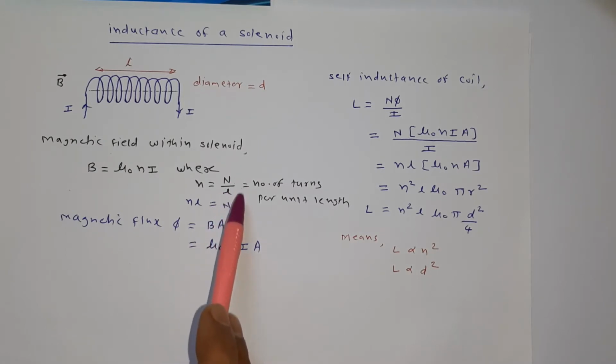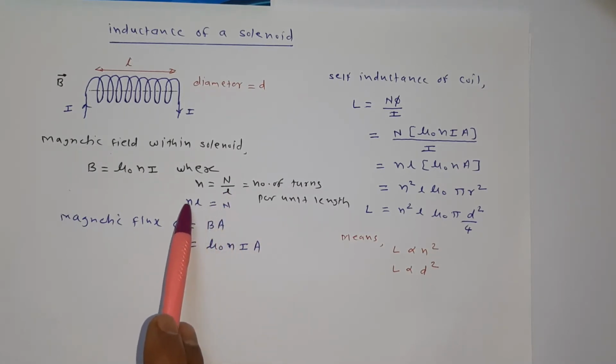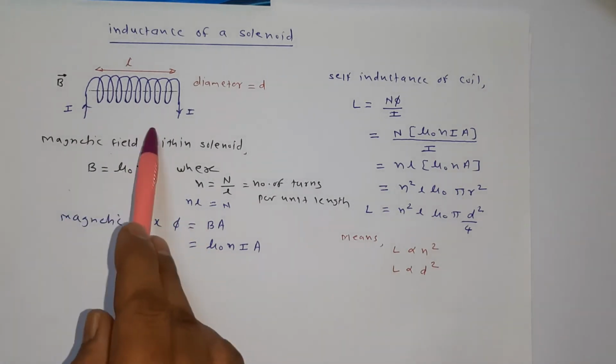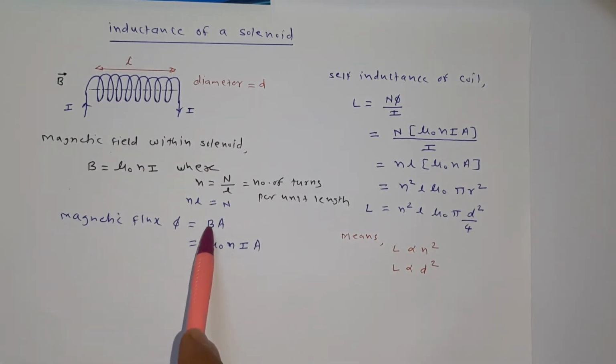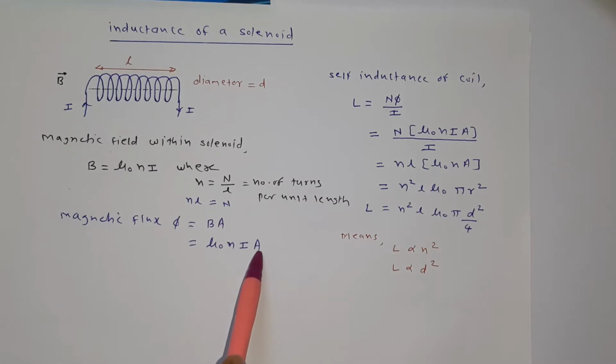Or we can say capital N is equal to small n into L. And as current passes through the coil, the magnetic flux linked with the coil also changes. Magnetic flux is equal to B into A, where B is mu 0 n i, and A as it is.